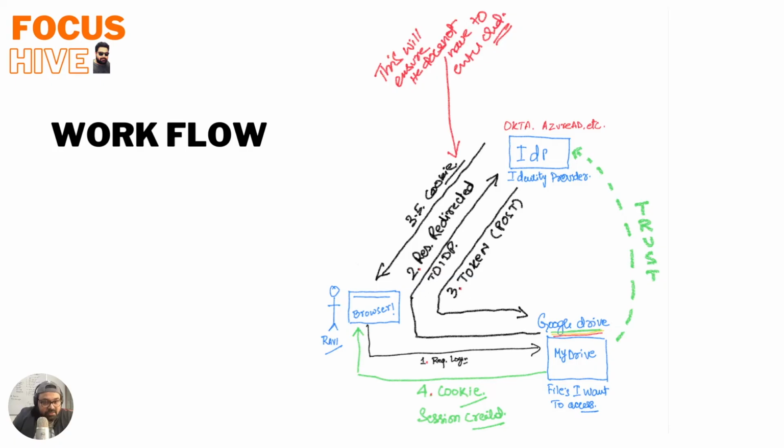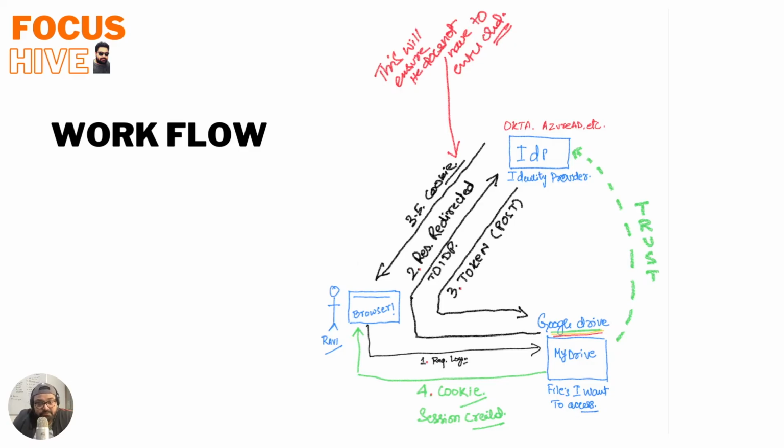Now, coming back to Ravi accessing Google Drive via the browser. So makes the request. Now Google Drive sees that, okay, Ravi is coming to me and Ravi is coming from a specific domain. And this domain has SSO configured, which means either they are authenticating via Okta, or they are authenticating via Azure, or they are authenticating via AWS SSO, whichever third-party identity provider they are using, right?